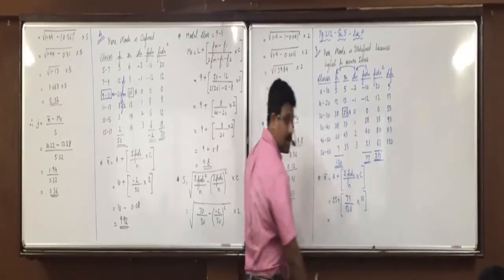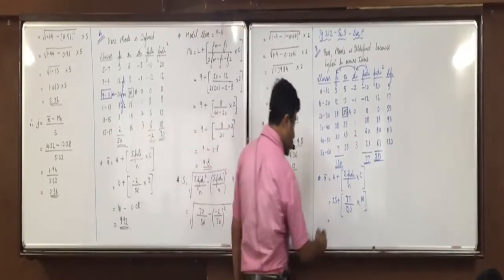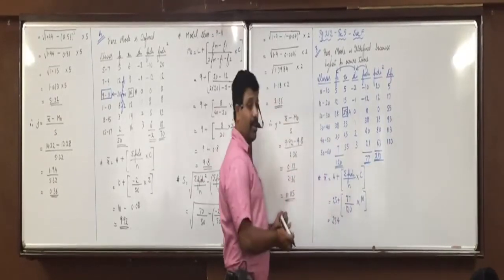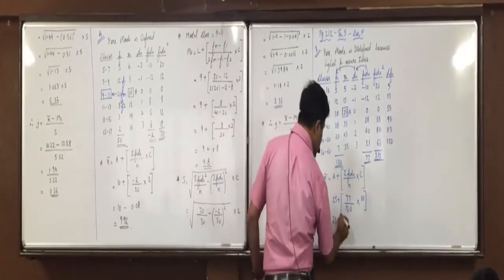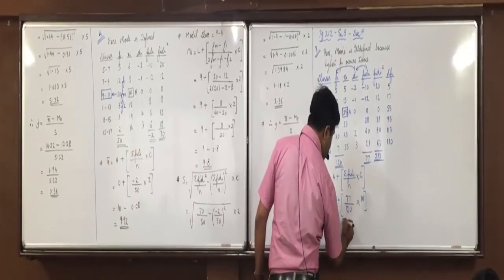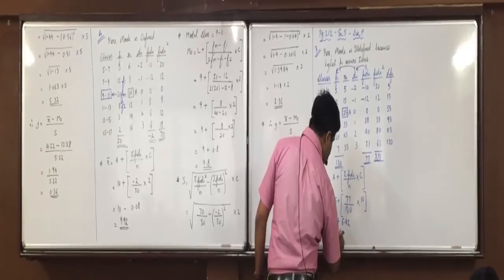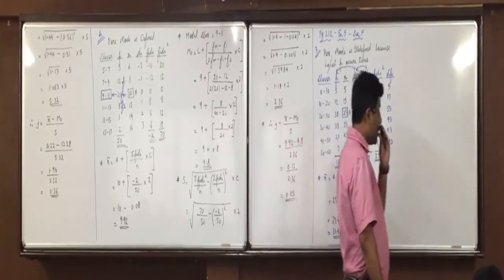Did everyone understand this? So 25 plus, what is 77 into 10 upon 120? 6.42. So 31.42 is x bar.